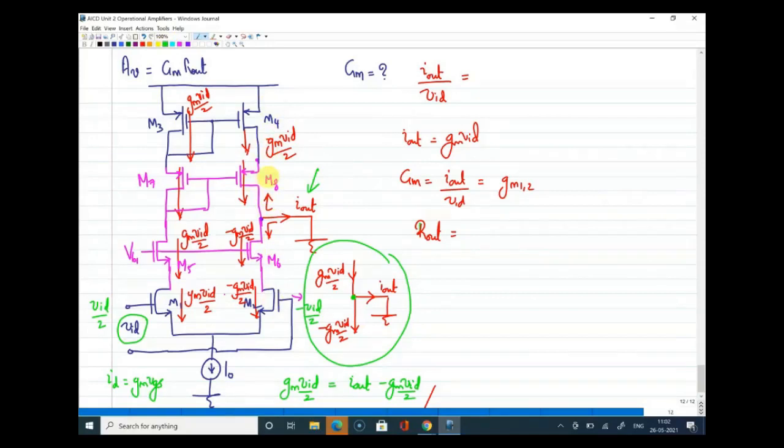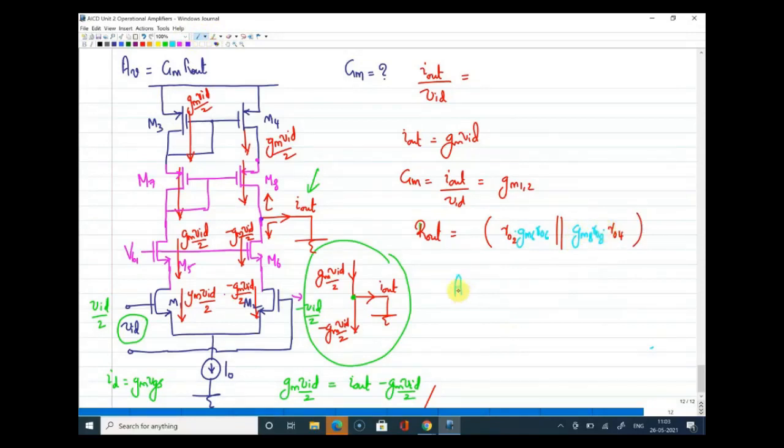So keeping that in mind, I'll directly write my output impedance in this form. Previously the output impedance was R02 parallel to R04, before cascoding or before making it telescopic. But now R02 is multiplied by Gm6 R06, and R04 is multiplied by Gm8 R08. So this is R out.